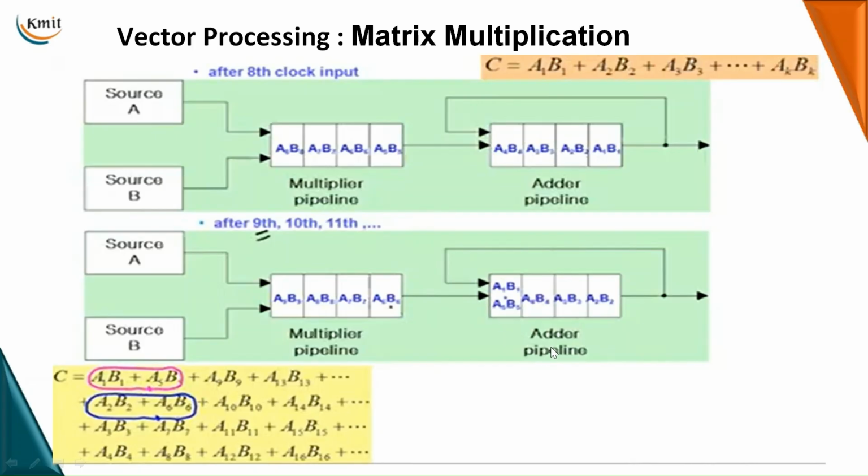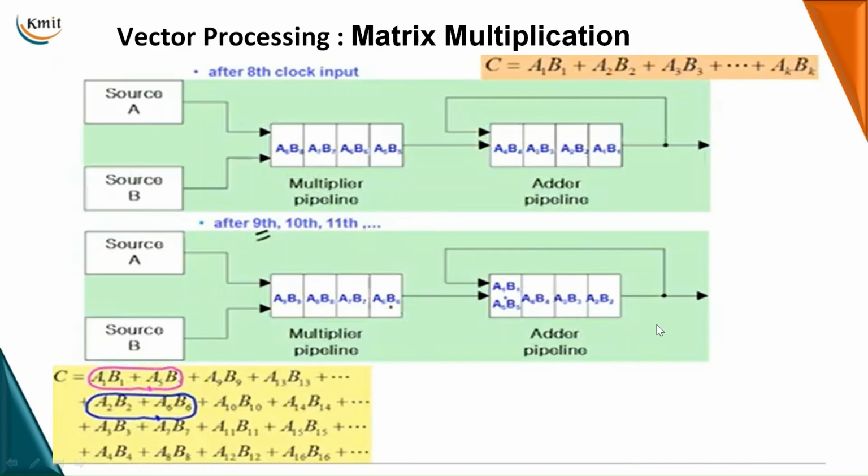The adder pipeline performs an addition of A1 B1 plus A5 B5, which is shifted to this place, because A2 B2, A3 B3 and A4 B4 come behind it. So here we get A1 B1 plus A5 B5.